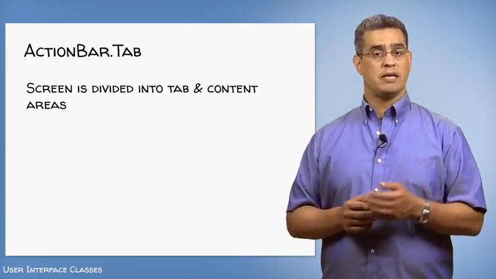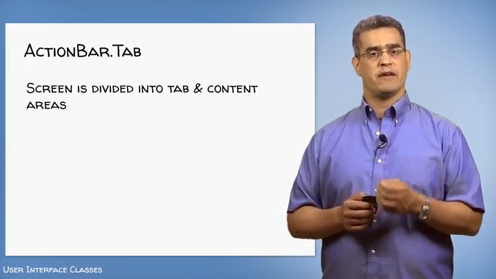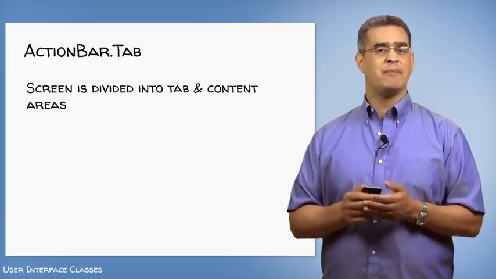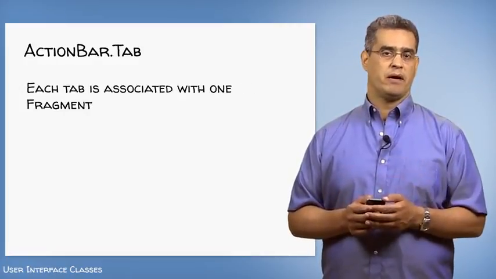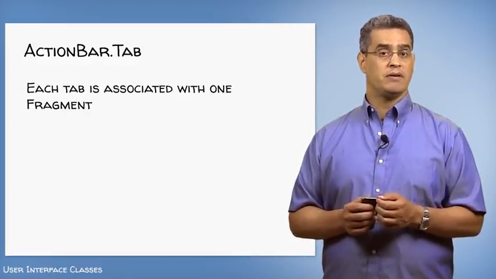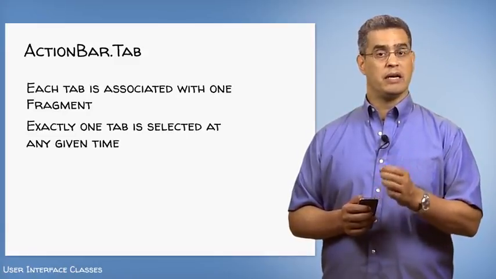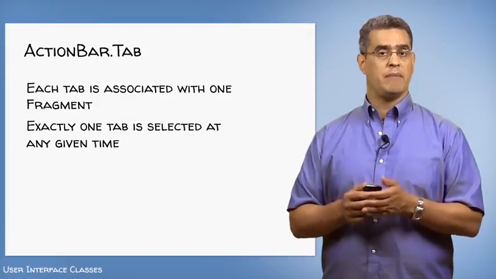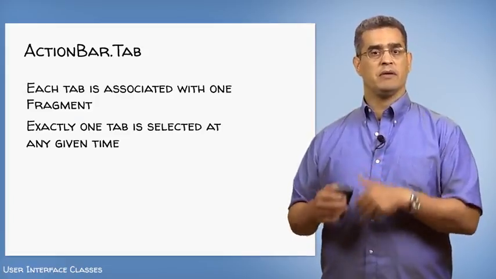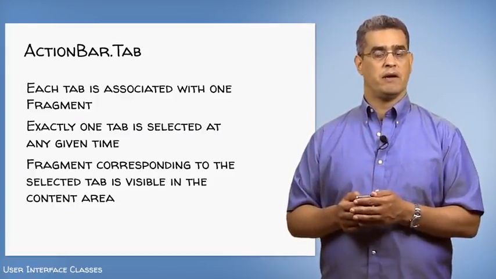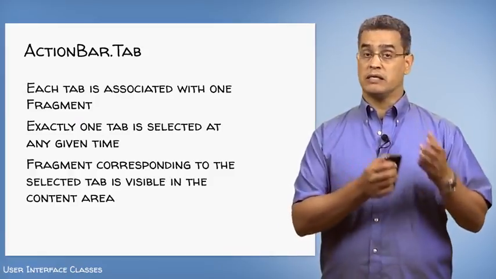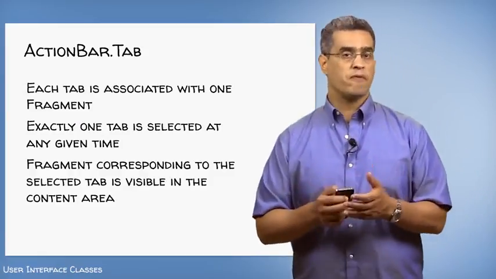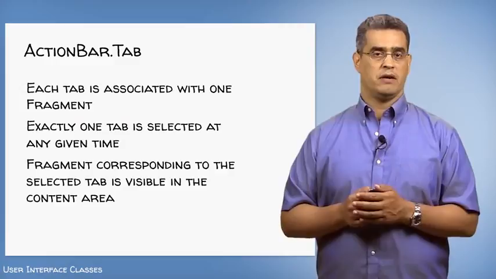The ActionBar.Tab class allows you to associate a fragment with each tab indicator in the tab area. Now, only one tab indicator can be selected at any one time. So when the user selects a particular tab indicator, its fragment can be shown in the content area. If the user then selects a different tab, a different fragment can be shown in the content area.